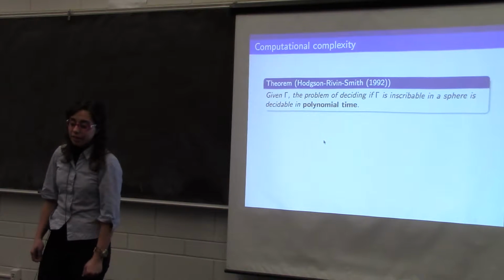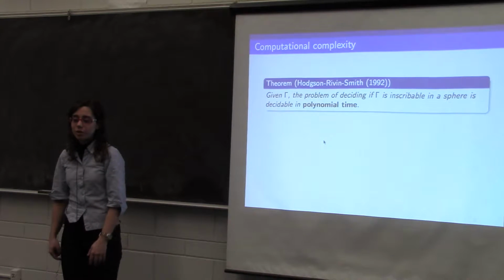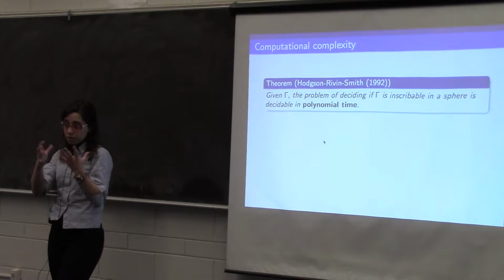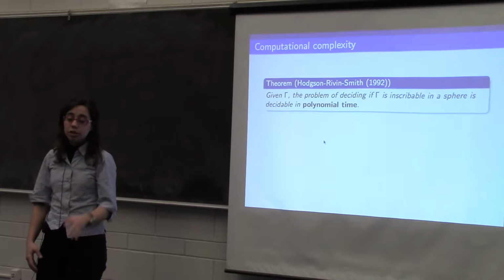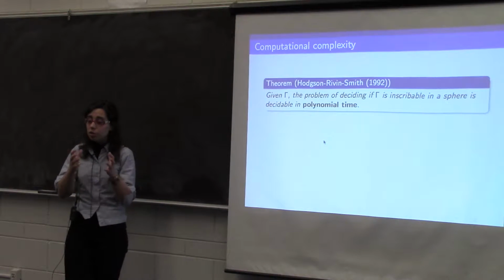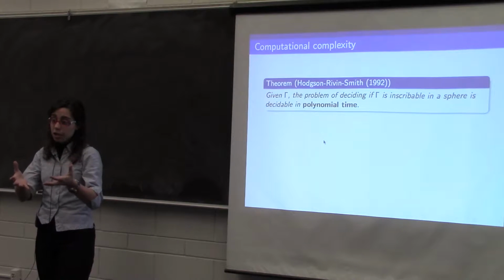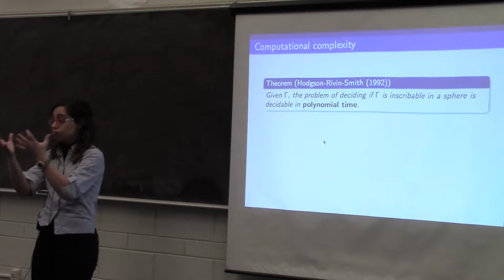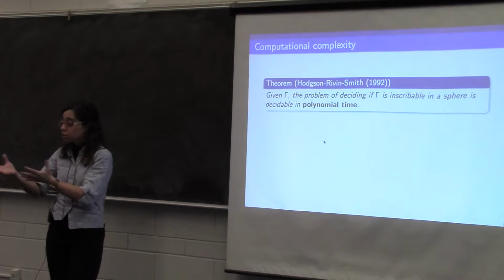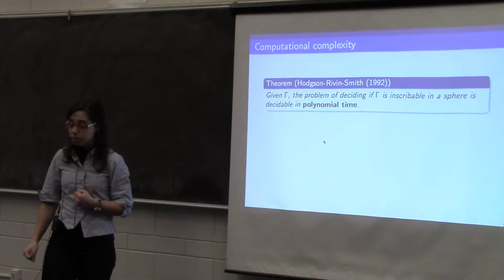Okay, so here is what I was telling you before. When Igor proved his theorem in 1992, then in joint work with Hodgson and Smith, he also proved that the question, given a graph, can I inscribe the graph in the sphere, you can answer in polynomial time, okay?